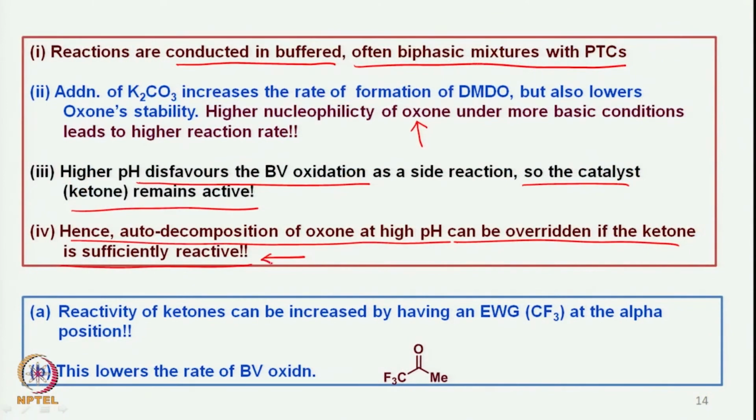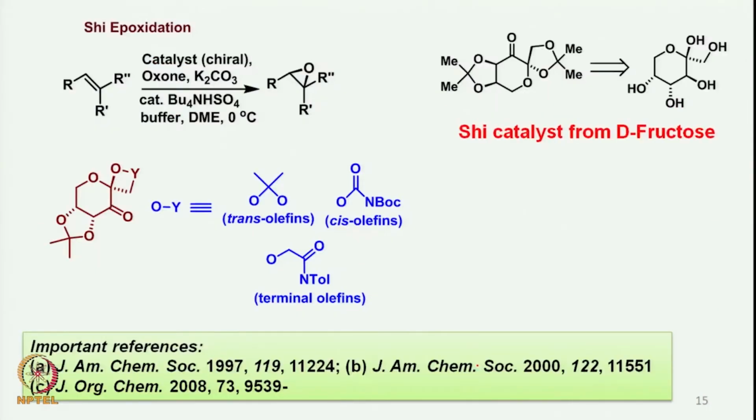The nucleophilicity of the oxone obviously increases, and then the reaction becomes sufficiently fast. So, reactivity of ketones can be increased by having an electron withdrawing group, and very clearly it leads more to the dioxirane, and thus Baeyer-Villiger oxidation is reduced.